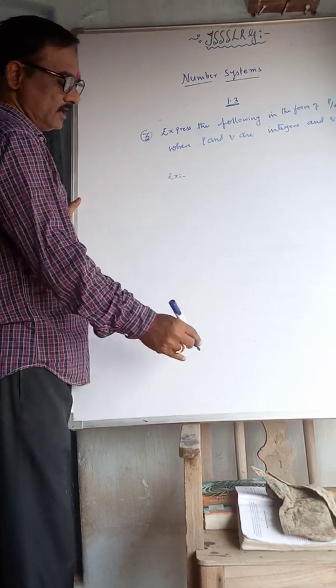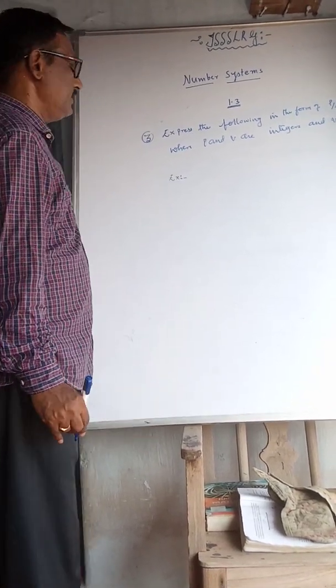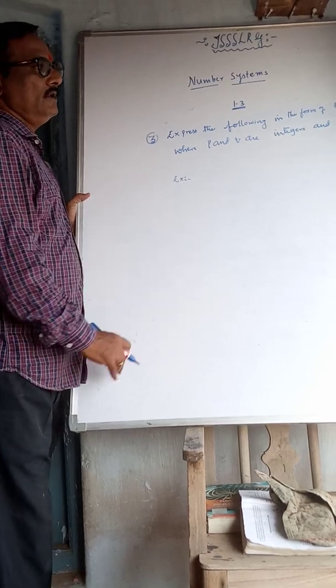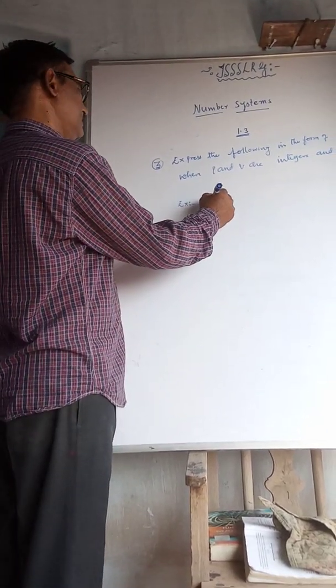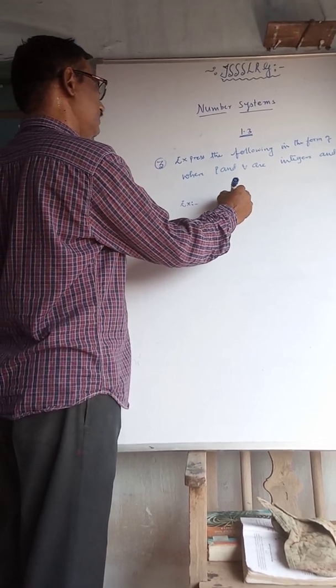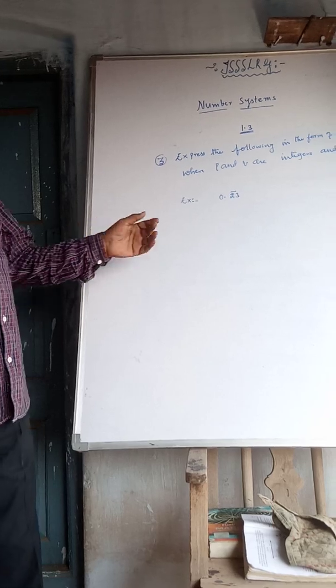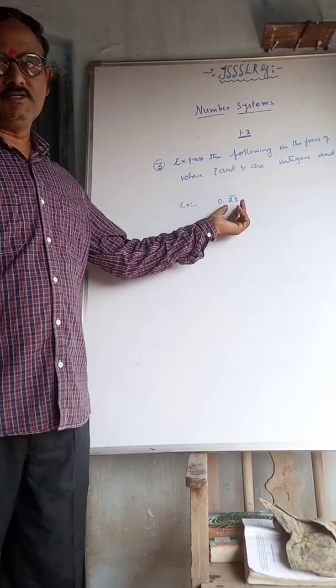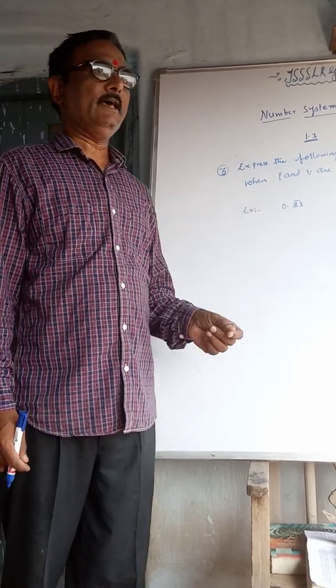It is not in the text. We are taking it up on our own to give you additional knowledge about this. Say for example, 0.23 bar is given to you. Here the bar is given for both of the numbers.